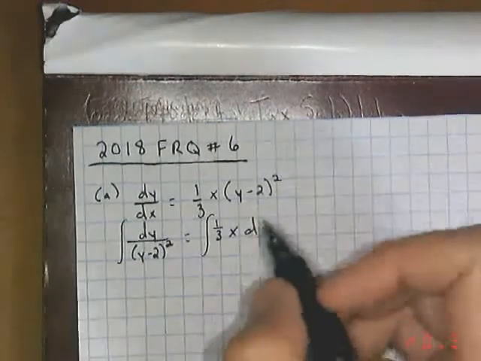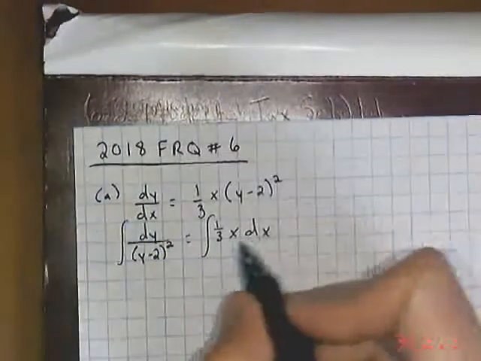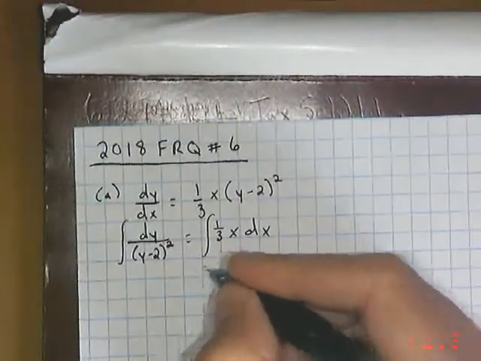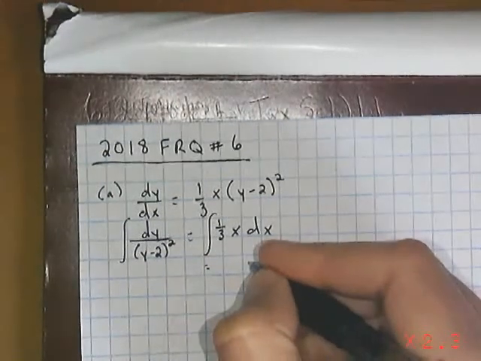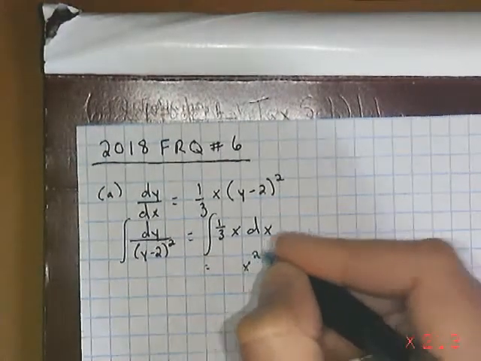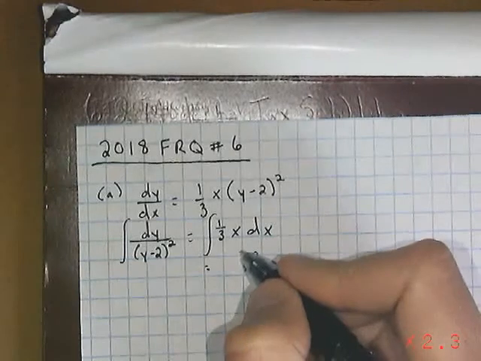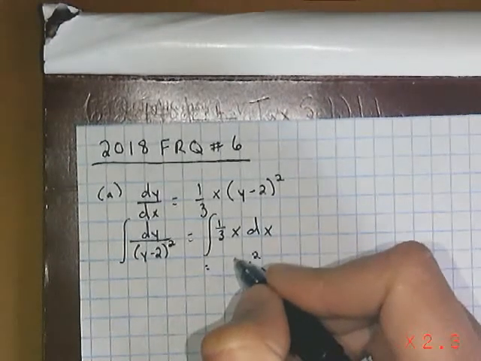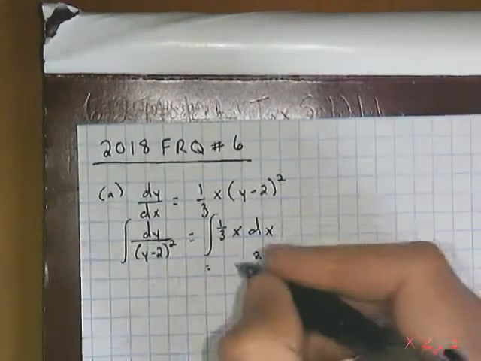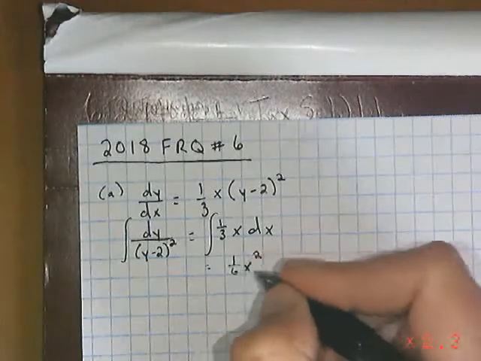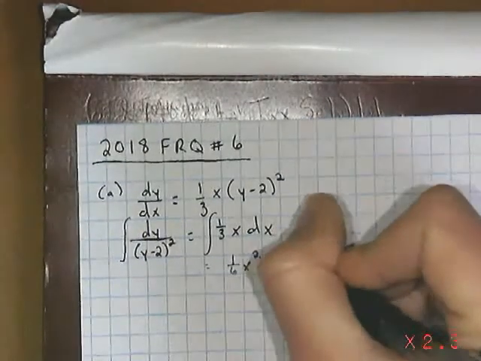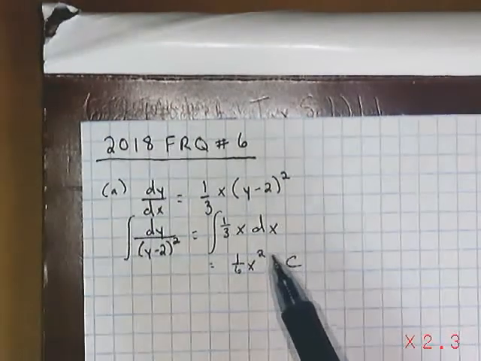Or actually, let's start on the right side and just get this done real quick. Over here, we're going to have x squared over 6. Does that check out? Yep, plus c. So that's our antiderivative over there.